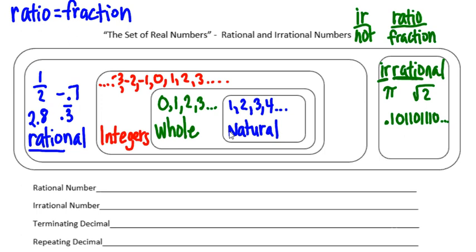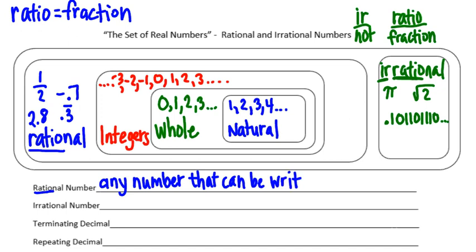So a rational number, and you can underline that part that says ratio, is any number that can be written as a fraction of integers. Hopefully you wrote smaller than me, so you have space. As a fraction of integers.